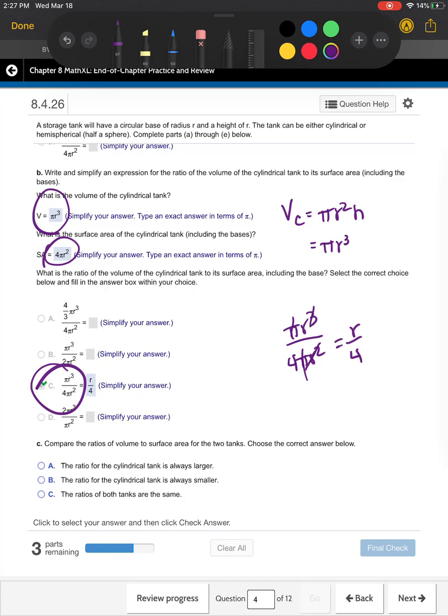And then you would just need to compare 2/9 r versus 1/4 r. Remember the 2/9 is for the hemisphere and the 1/4 is for the cylinder. Which one has the highest ratio? So which one of these ratios is the largest ratio?